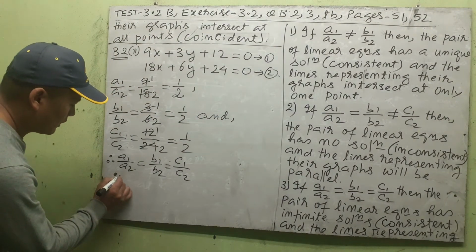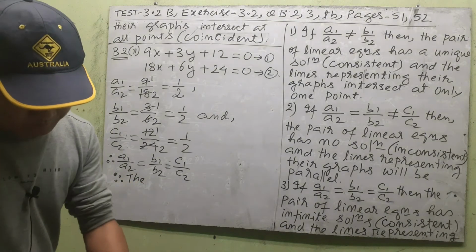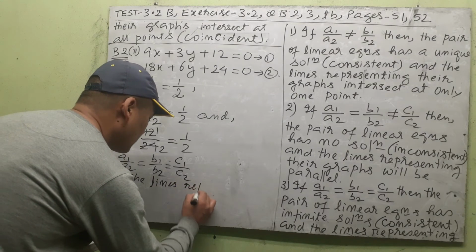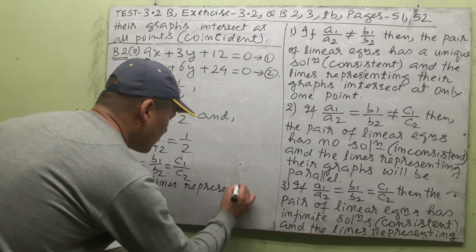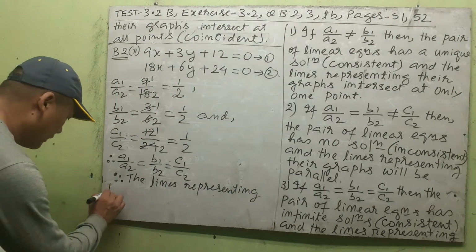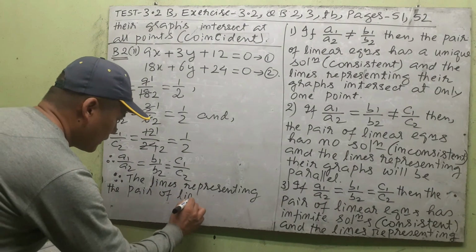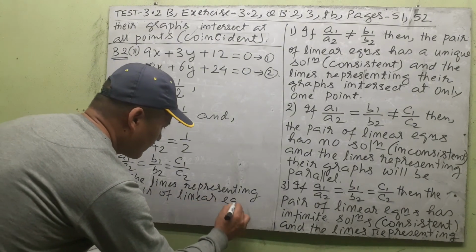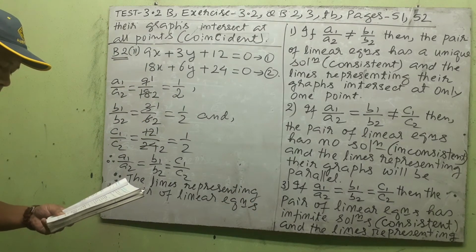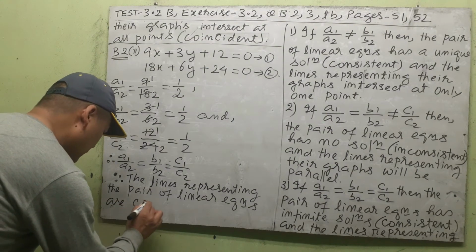So I'll write here, therefore the lines representing the pair, the given pair of linear equations, are coincident.